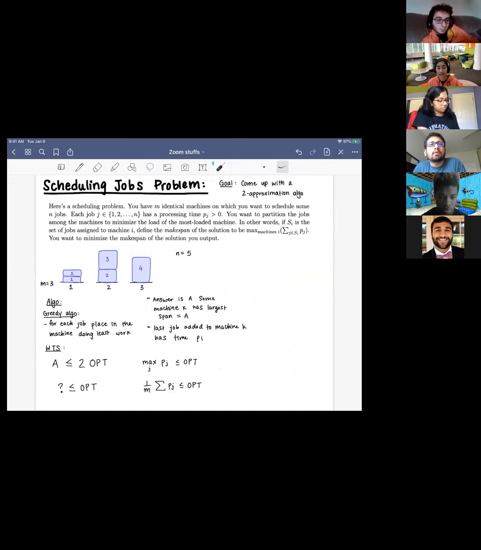So before it was added to machine K, if job 3 wasn't on machine 2 yet, this machine K had its own span already.